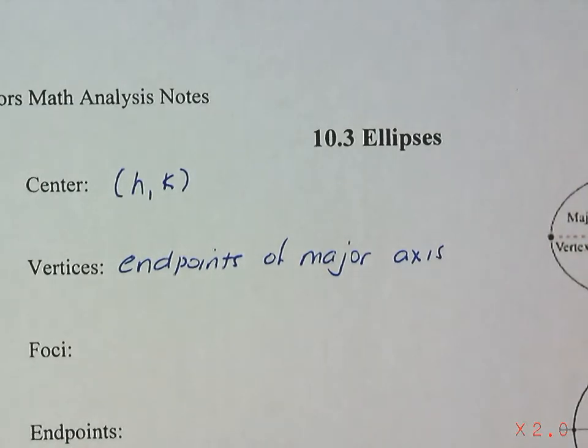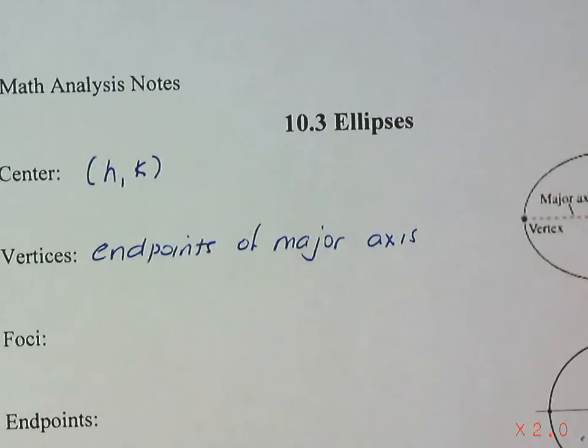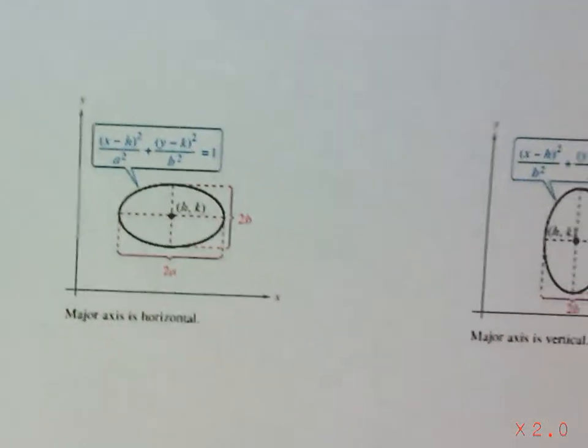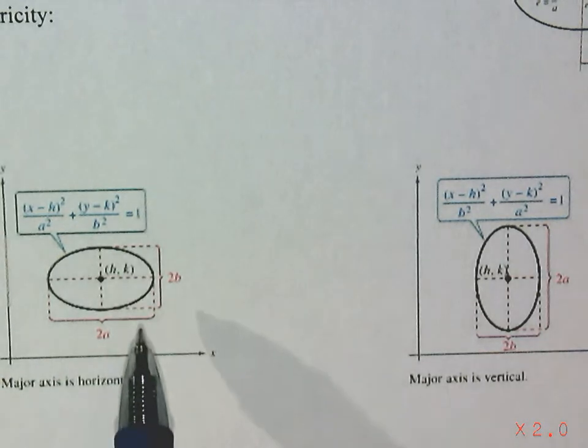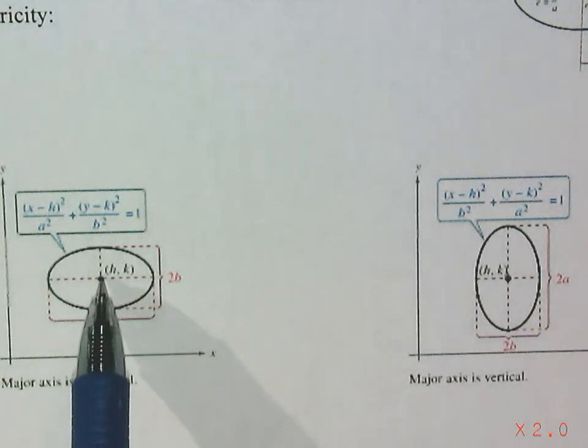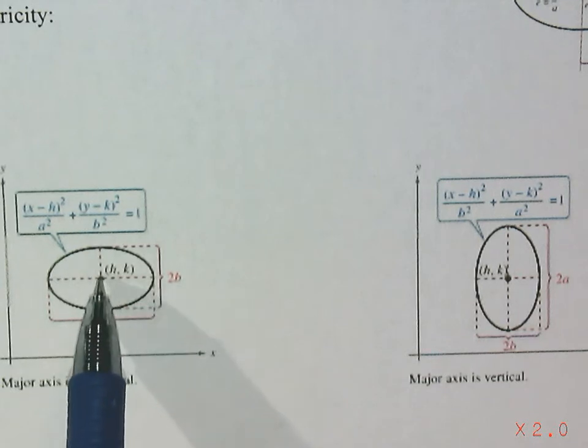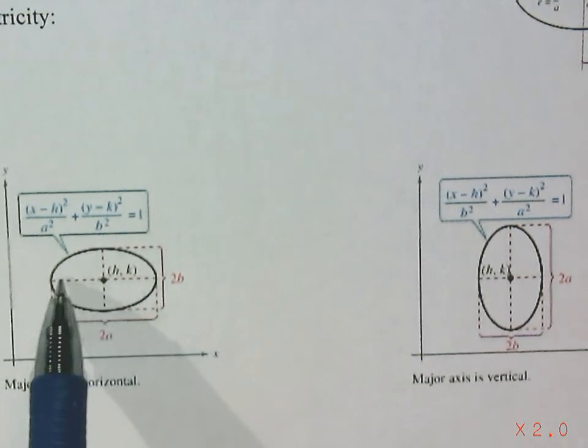And there are formulas for that. In this case, a is my distance from my center to a vertex. A is my distance from here to here.